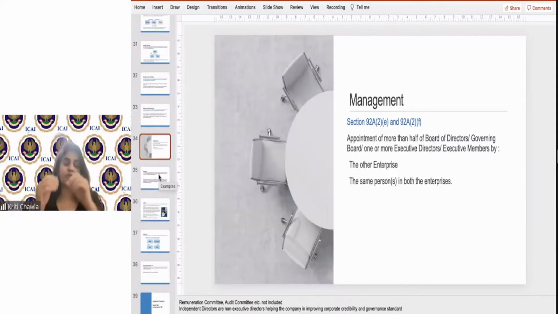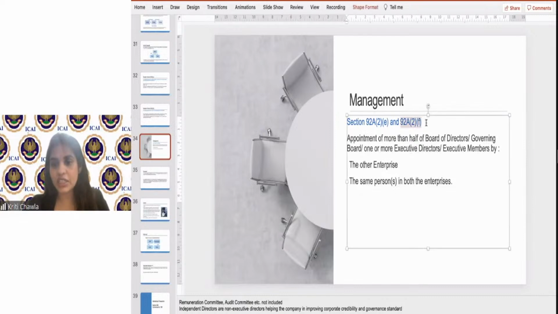Similarly, if there is one person and this one person is appointing one executive director in company 1, and this person is appointing one executive member or director in company 2, well, then also company 1 and company 2 will become related to each other. That is what is provided by section 92A2F. So it says even if there is same person in both the enterprises, then also they will become related to each other.